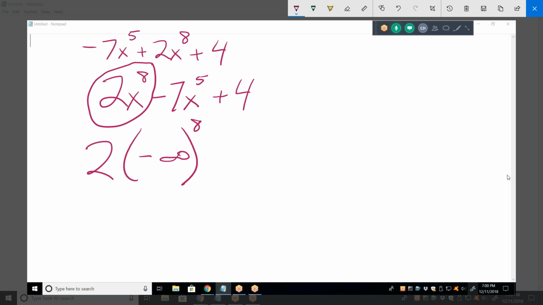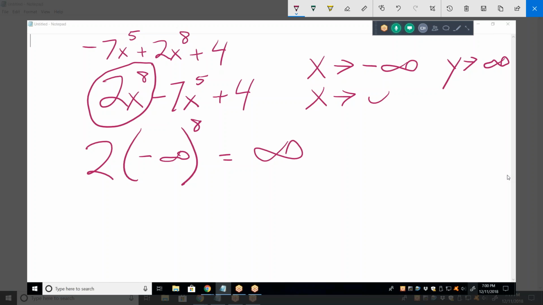What's negative infinity to the 8th power? Positive infinity. That's the end behavior. In other words, as x goes to negative infinity, all the way to the left, y goes to positive infinity. Now, what happens as x goes to positive infinity?